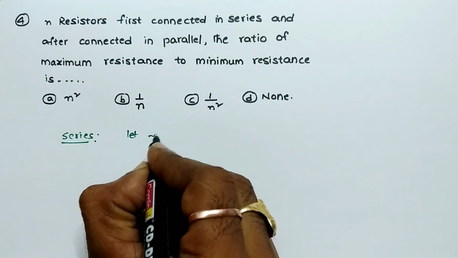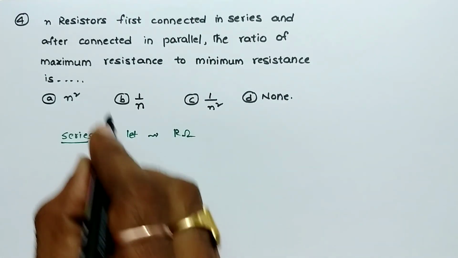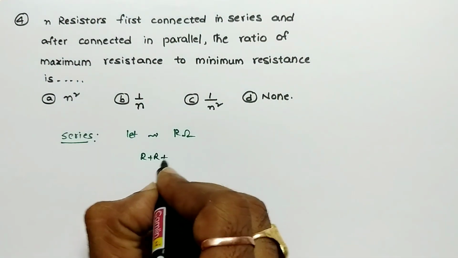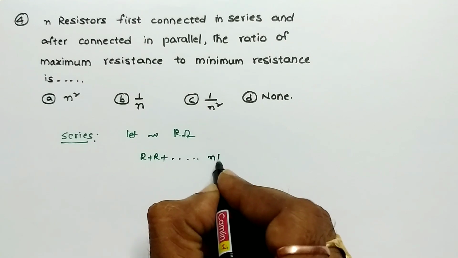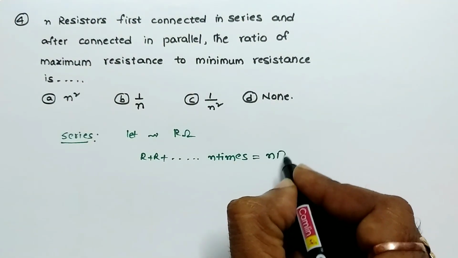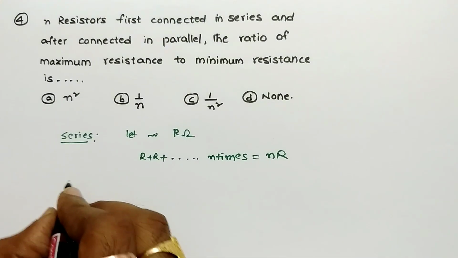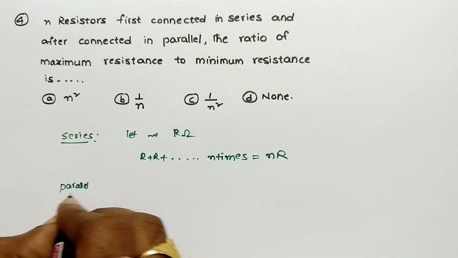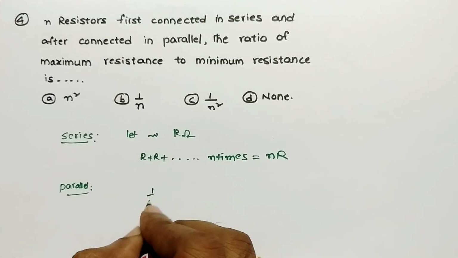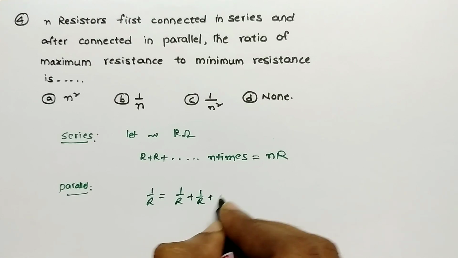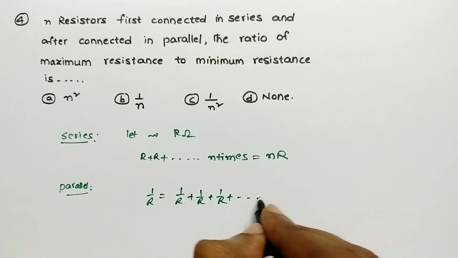Let the resistance be R ohms and N resistors are connected. That means R plus R and so on N times. This becomes NR. And coming to parallel connection, effective resistance: 1 by R is equal to 1 by R plus 1 by R plus 1 by R and so on N times.